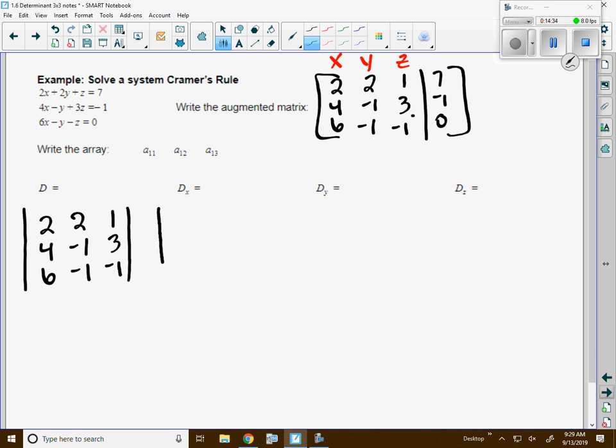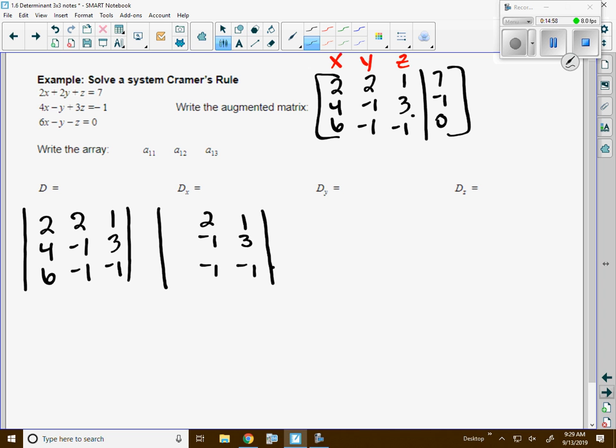So for determinant X, or DX, we're going to remove the X column and keep our Y and our Z columns. So skip X, and you're keeping Y and Z. My Y and Z should stay exactly the same as they are in the matrix. Should we leave a space?